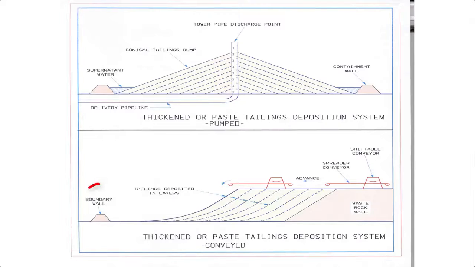You may allow it to be deposited from a particular height, and it slumps down on its own. There are various different ways in which this can be configured, but ultimately you may still need some kind of containment walls to form this, and initially you need some form of elevation in order to deposit this, unless you're just building it up in consecutive layers, which may also include compaction.